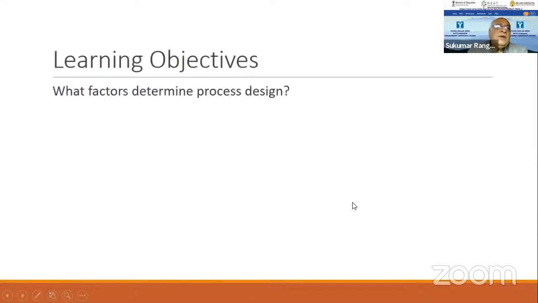Now, today what we will be talking about is what factors determine the process design. This happens usually when you are setting up the organization, setting up the process. It is not just land and building and how much is needed, but before doing that itself, what is the process flow from input to output?